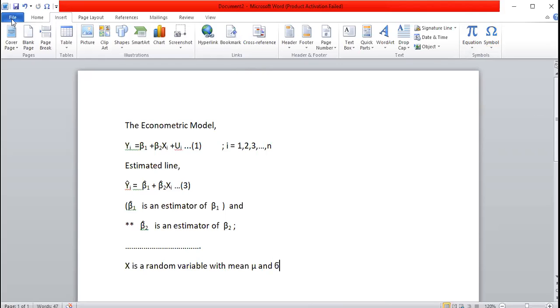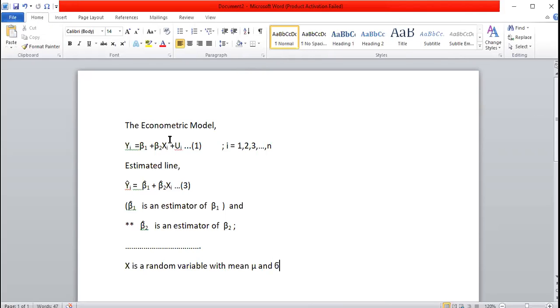And variance sigma square. What type of variance is that? Population or sample? Population.